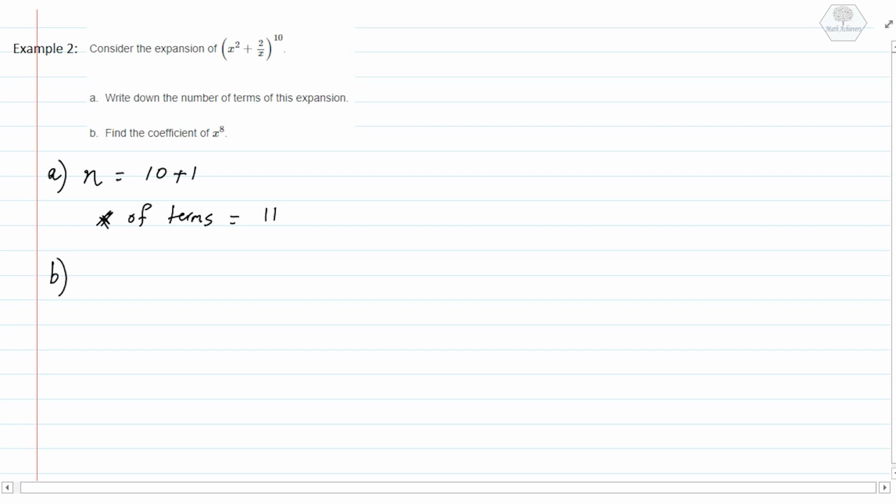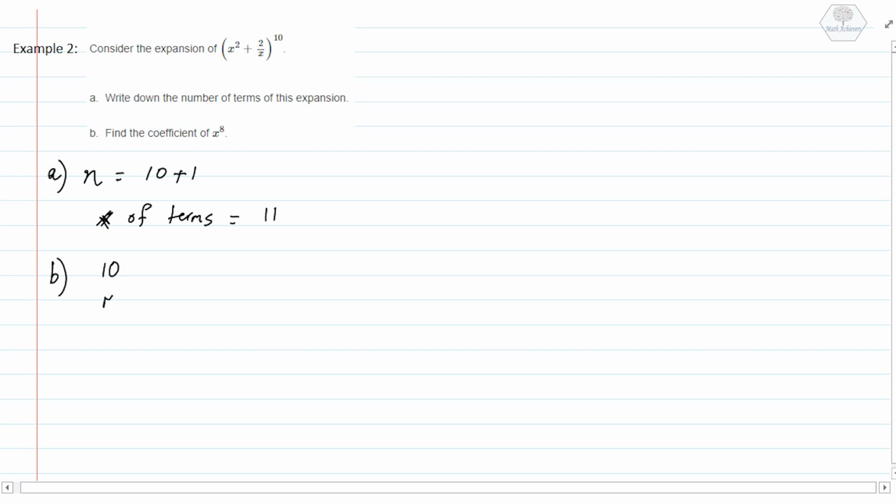We need to find the coefficient of x to the power of 8. So we have to find the term that gives me x to the power of 8 in this expansion. I know the 10 because it's the n, but I don't know r.